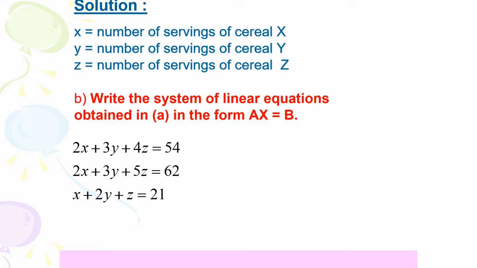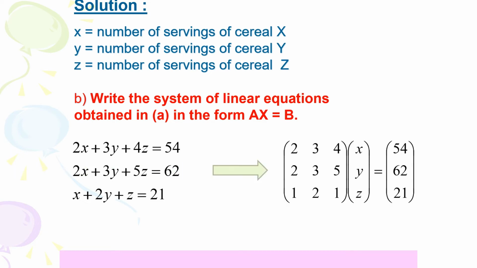So in the form of AX = B, the A matrix is 3 by 3, with all of the constants involved, and the second part is the matrix of variables X, Y, Z, and then equal to one matrix which consists of constants 54, 620, and 21 as stated in front of you.